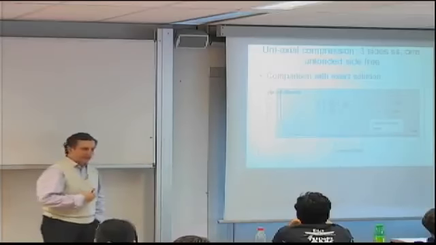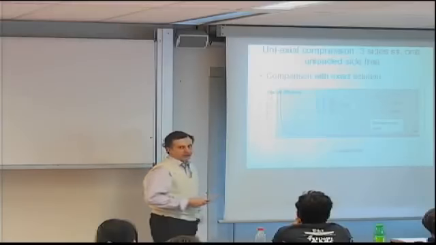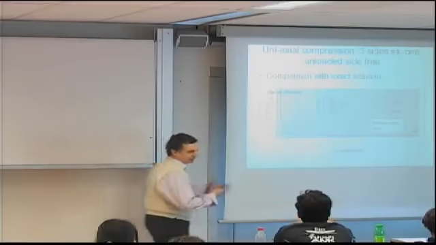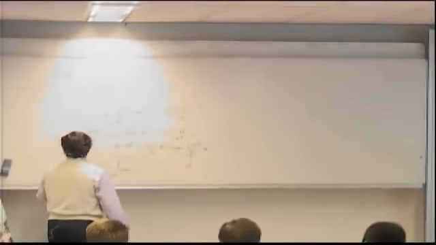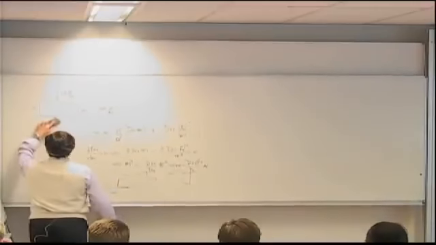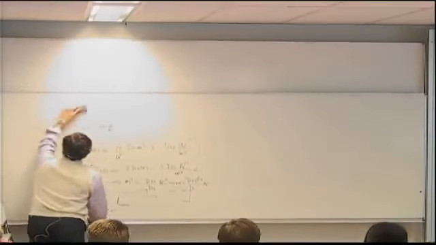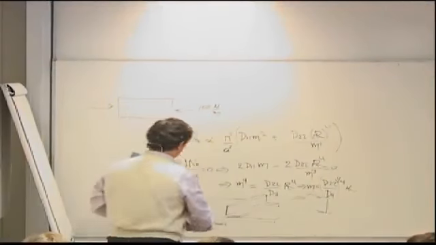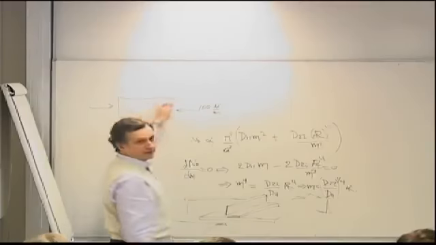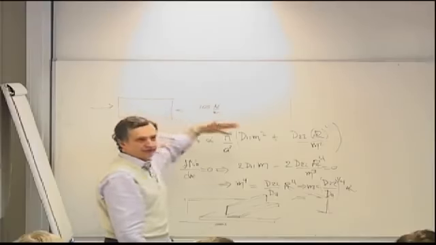Let's take a limiting case where the exact solution is relatively easy to find. The limiting case is when I have an infinitely long plate. If this plate is very long, then my number of half waves along the length will be independent of the length, because the length is infinite.